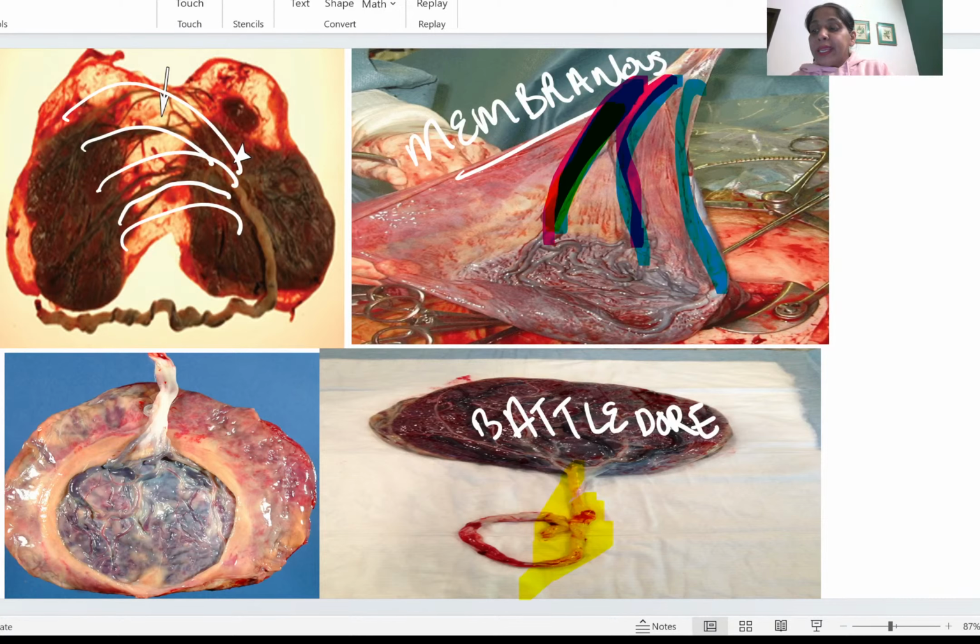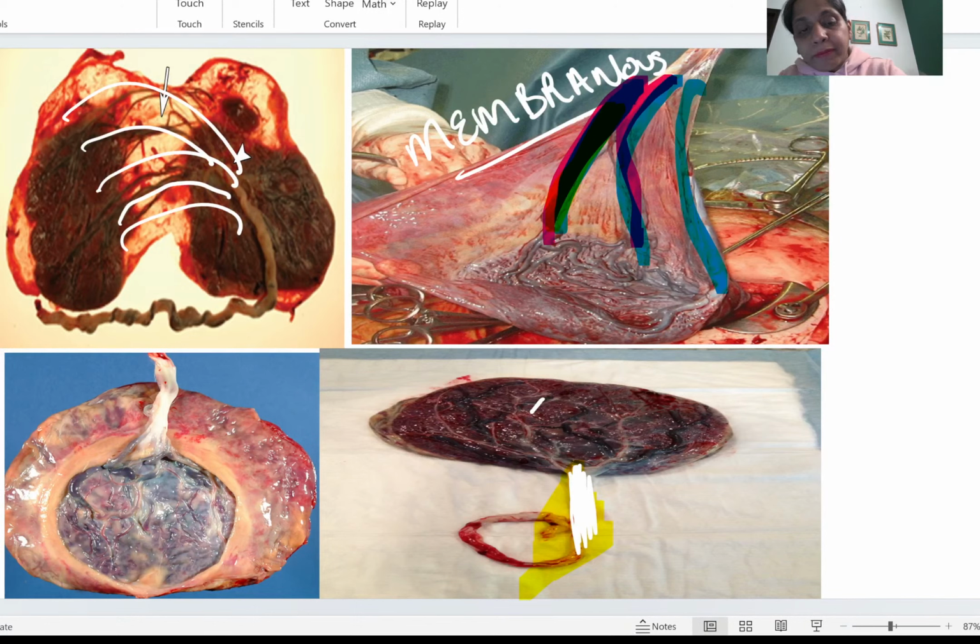Here the umbilical cord is inserted on the margin rather than in the center. Ideally it should have been inserted in the center, but it has been inserted in the margin, so it is the battledore placenta. Okay, next is the circumvallate placenta.